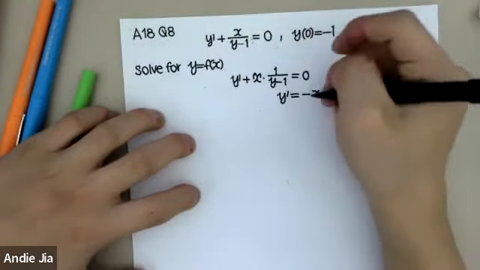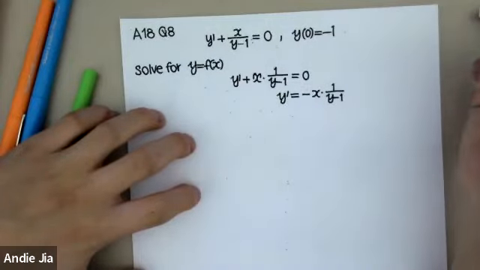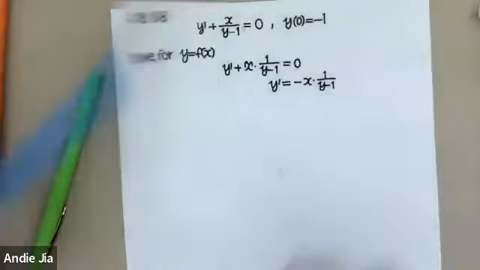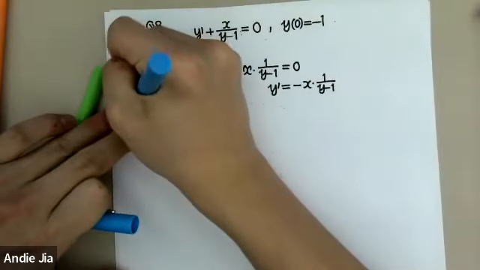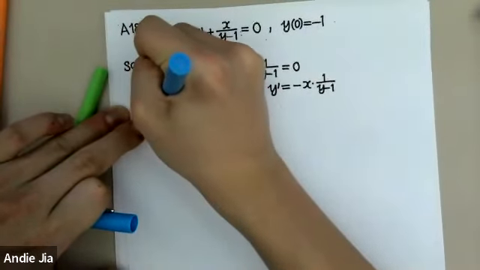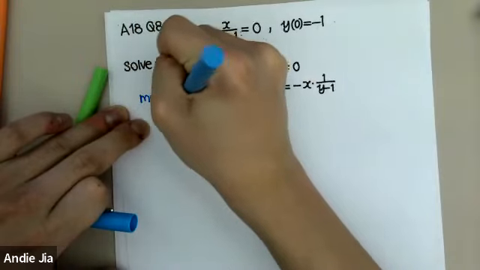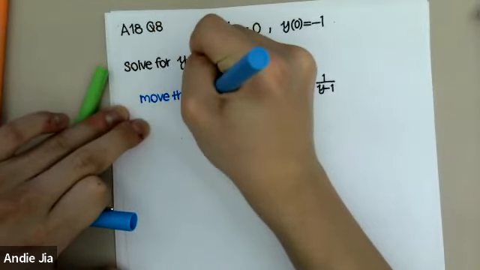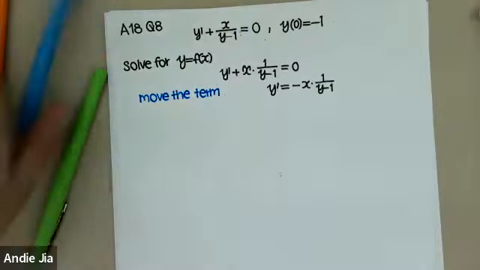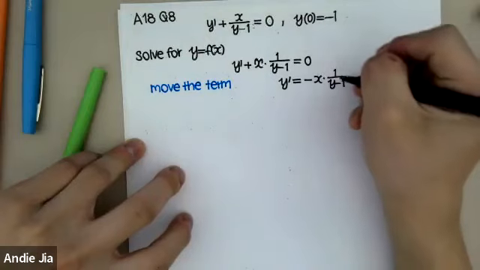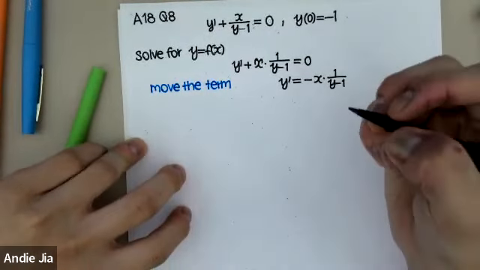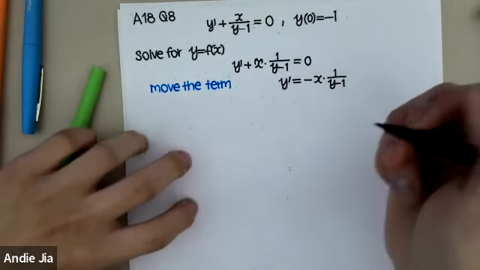If we multiply the y minus 1 to this side, we have an easier integral. Just move the term, multiply by y minus 1, and construct a new integral.